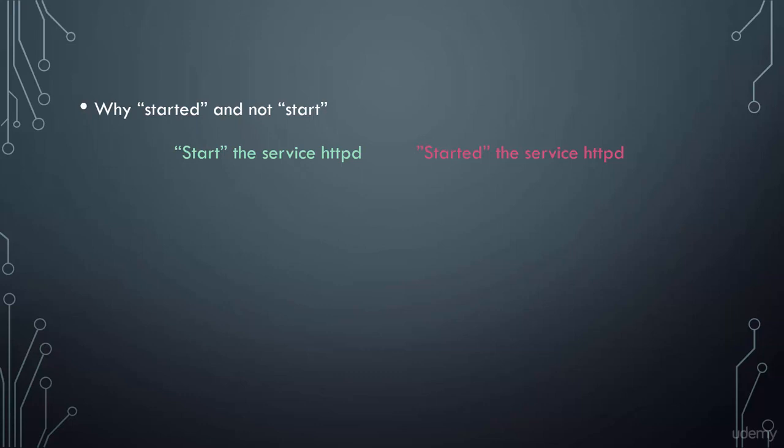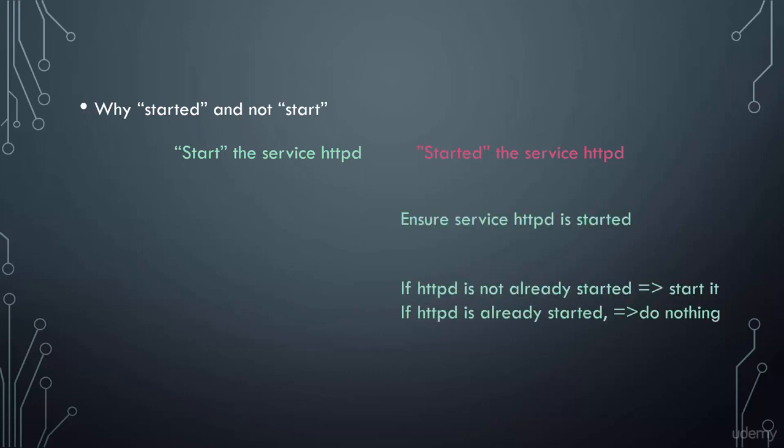We are not instructing Ansible to start the service. Instead, we are instructing Ansible to ensure that the service HTTPD is started. That essentially means if the HTTPD service is not already started, start it. If the HTTPD service is already started, then don't do anything.